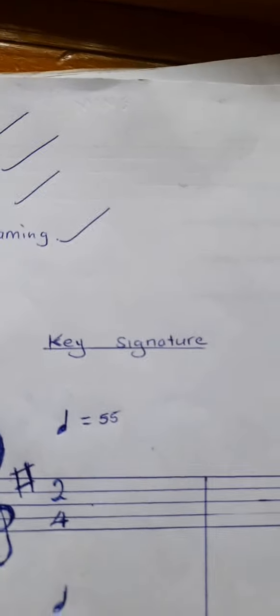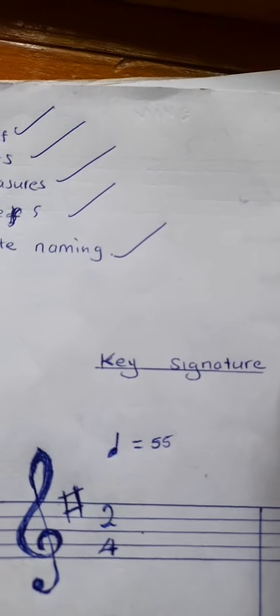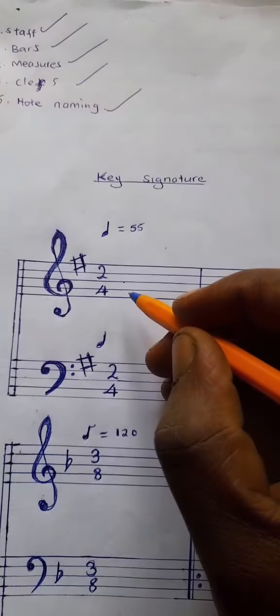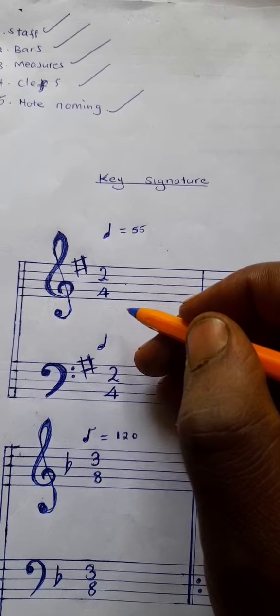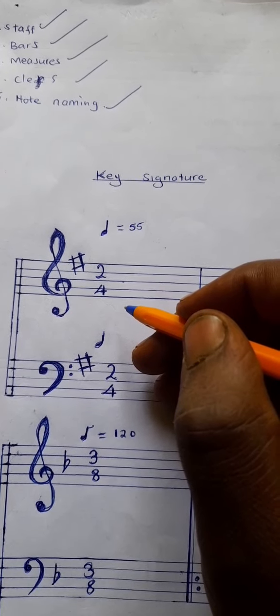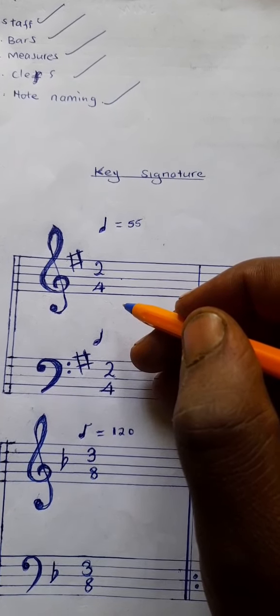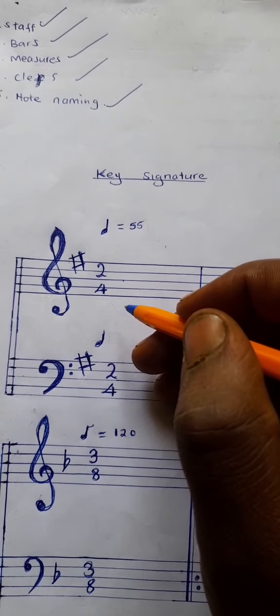Now I want us to talk about key signature today. The purpose of a key signature is to tell us which music scale a certain piece has been written in, or rather, which key someone is playing music in.